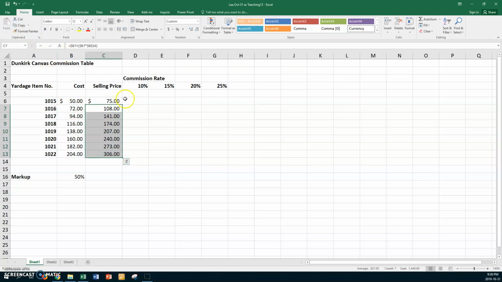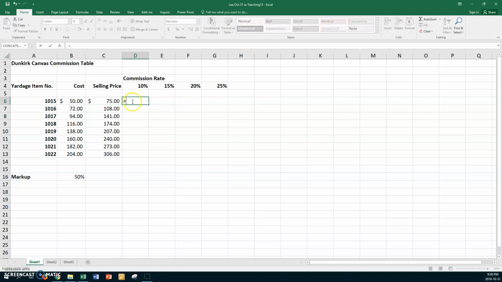Okay, so now you get a commission rate of 10%, 15, 20, and 25. So we have to say equals, and we have to take our selling price times 10%. Now, what do we remember? We have to stay in row 4 because we've got to be able to go D, E, F, G. So row 4 has to be frozen.